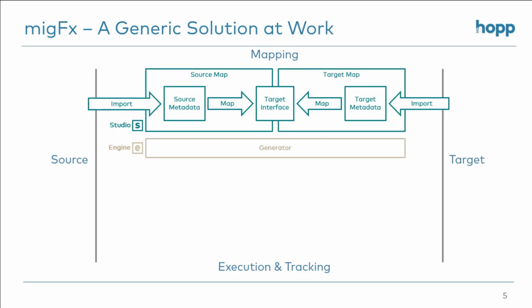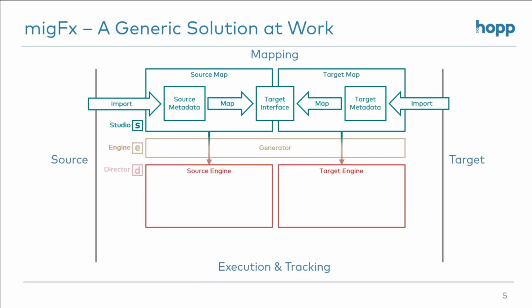Once you're satisfied and it validates, you can then publish the mapping to the engine, and the engine generator will then generate a target engine and a source engine. And these two engines are deployed into the Director runtime environment so they can execute. So now we are stepping from the green, which was metadata and mapping, down into the red, which is operational and executing data migration in the Director.